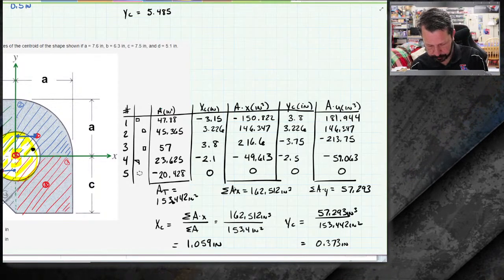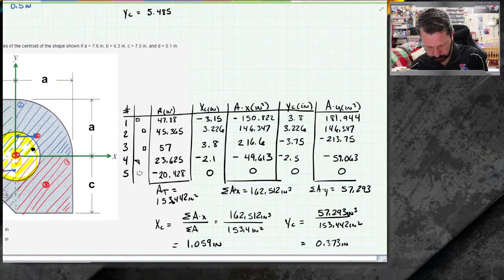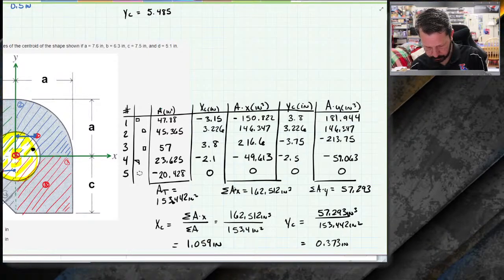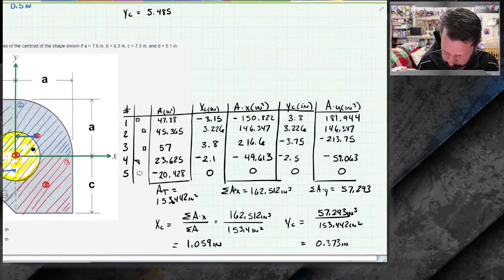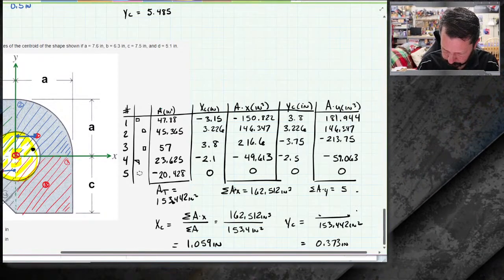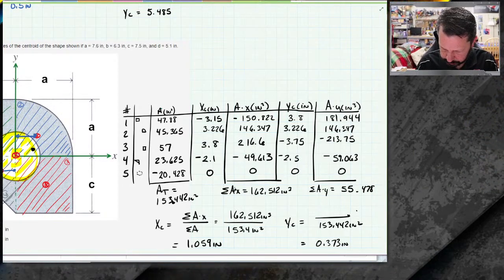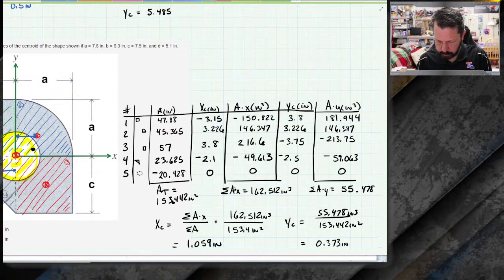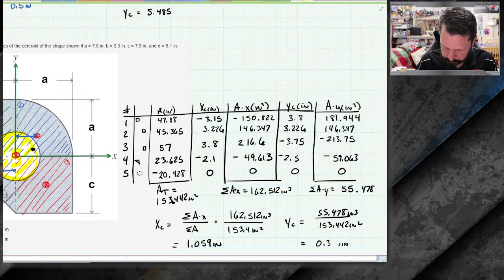All right, so let's do our summation again. So my new total is 55.478, which would be 0.362.